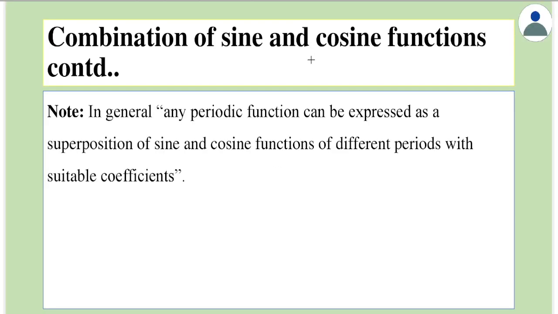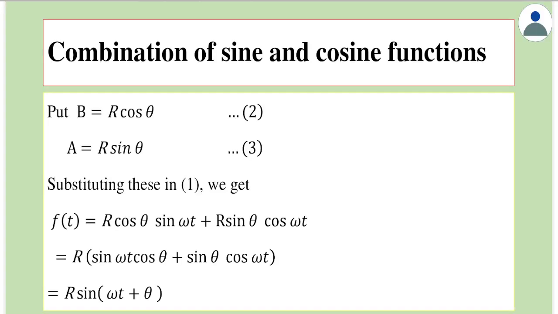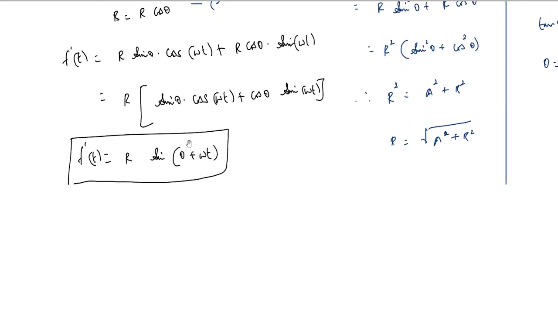So we can say that any periodic function can be expressed as the superposition of sine and cosine functions of different periods with suitable coefficients. What it means is that in the previous case, we have got a function of a different time period. Now look at this. Even this is a periodic function.